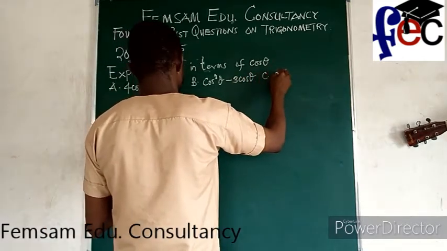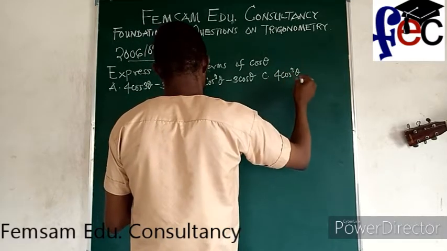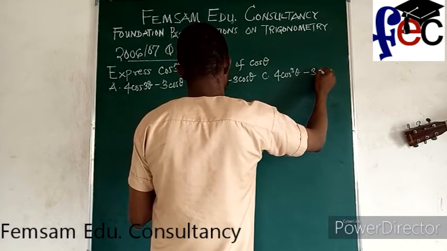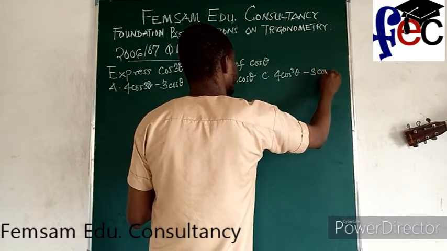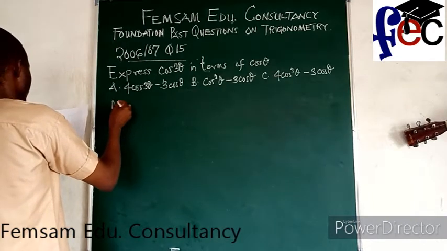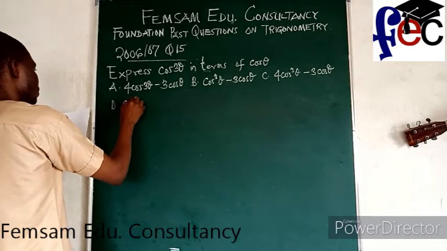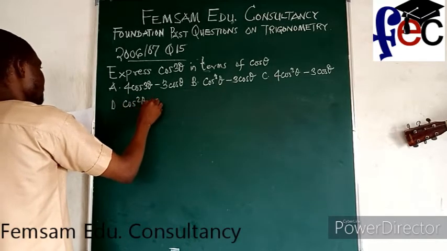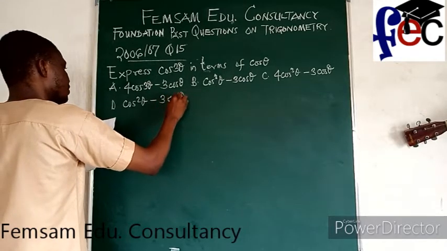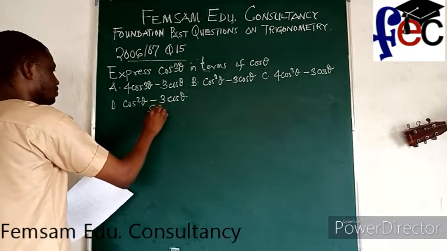Option C is 4 cos cube theta minus 3 cos theta. Then option D, we have cos square theta minus 3 cos theta. So let's look at the solution now.